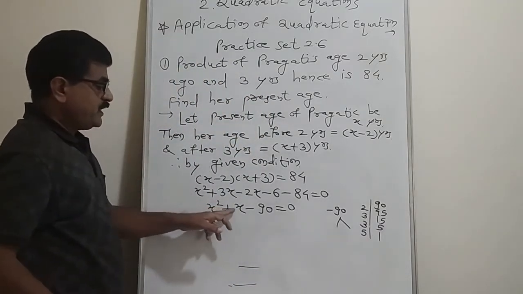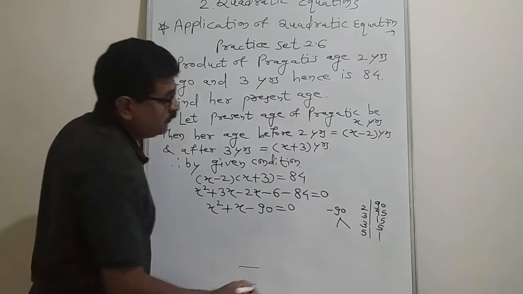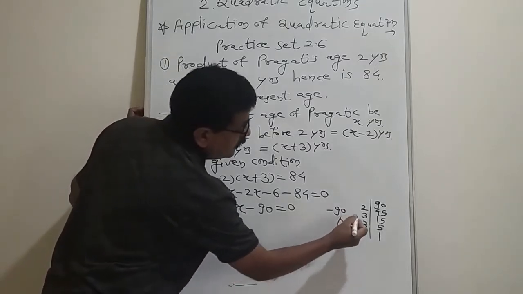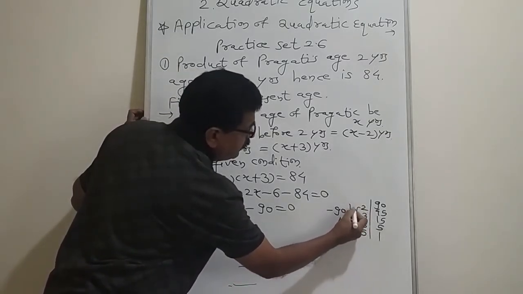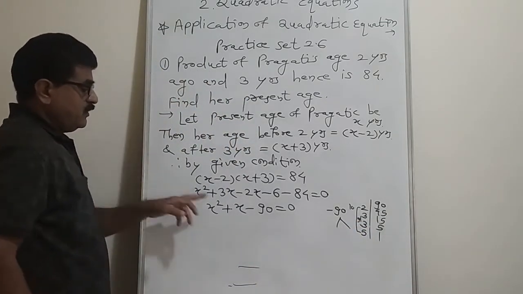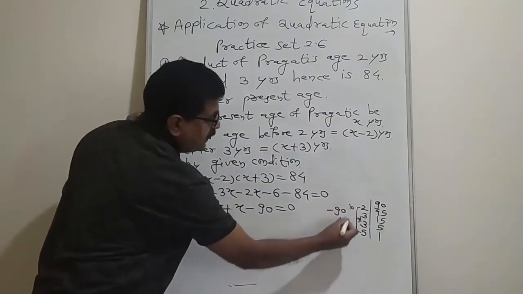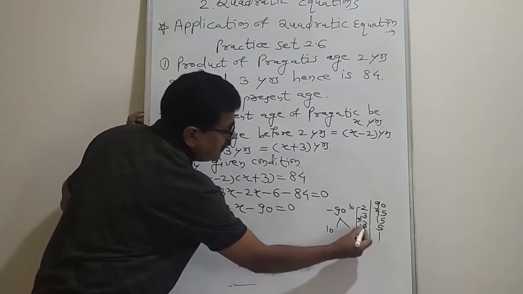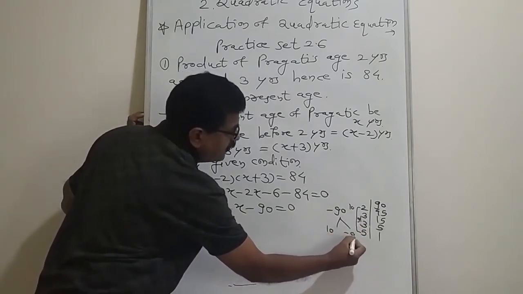Now the difference between the numbers is 1: that is 2 into 5 is 10, 3 into 3 is 9. Now here plus 1, therefore take plus 10 and minus 9.